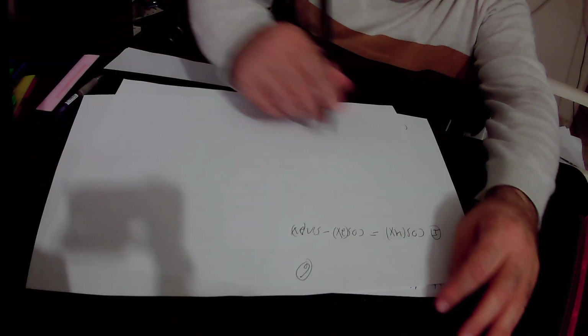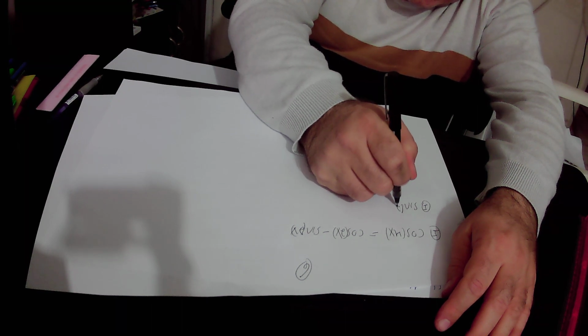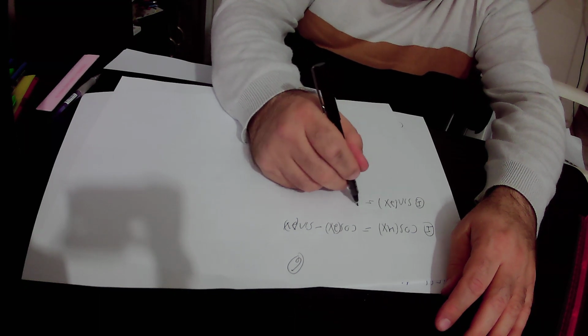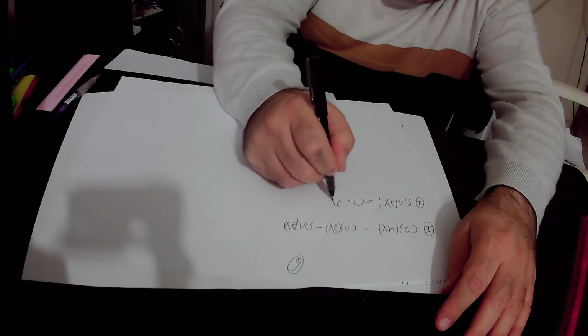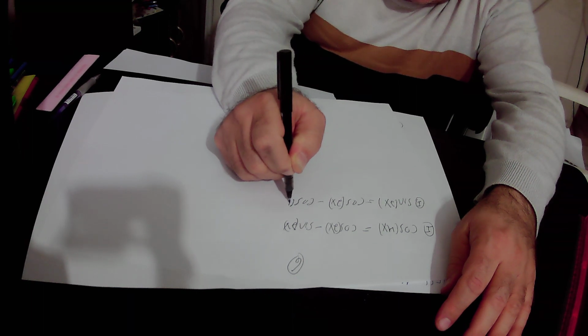sine 2x equals cosine 2x minus cosine 4x.